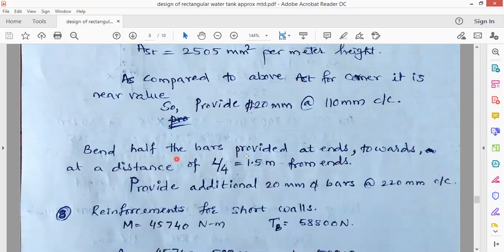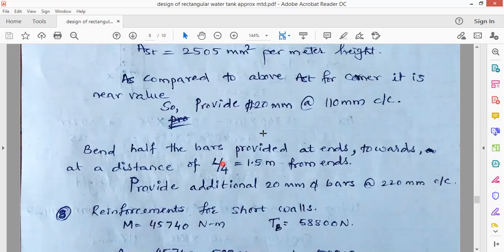Bend half the bars provided at the ends at a distance of L by 4, that is 1.5 meter from the ends, means from the corner up to 1.5 meters. Take the straight bars and then bend these bars towards the outer side, because the outer side will be in tension.